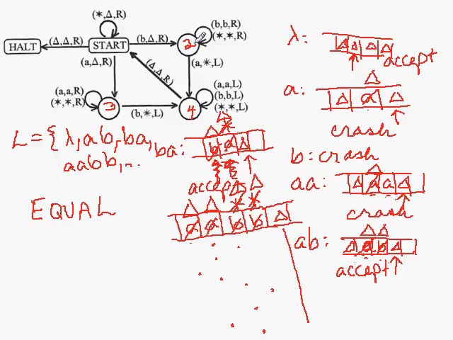If you found a B and you started down this cycle, if there's no A, you're going to crash. And if you start down this cycle, come to start around this way, and you find, because you found an A and you erased it, now you got to go find a B. If you do not find a B, you'll be in this state right here and you'll crash if you come to the end of the string. So that's equal. Now let's look at that other Turing machine.